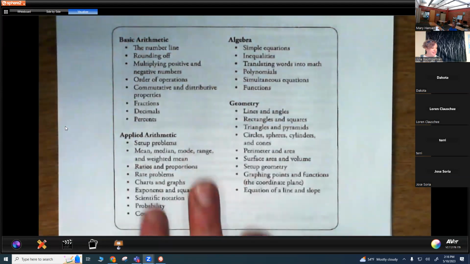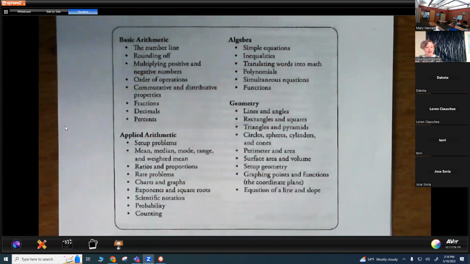Go ahead and scan through these items. Is there anything that you have questions about that you don't know? Okay, good. These are a lot of what we try to hit and cover in these classes.